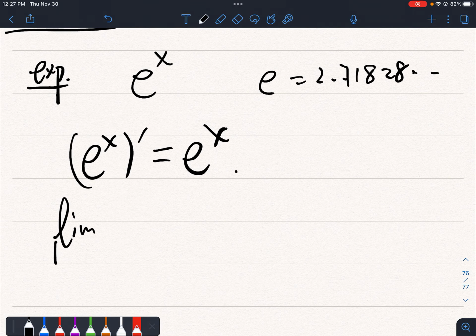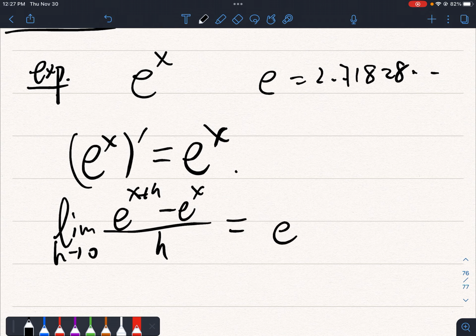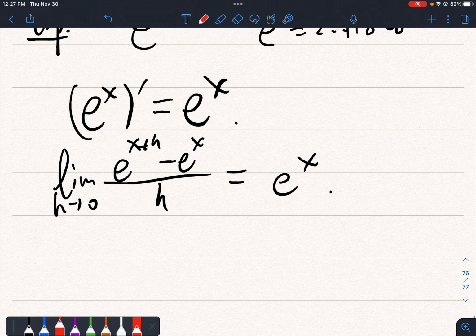One of the reasons why it is so useful is that the derivative of e to the x is itself. This basically says that the limit as h goes to 0 of e to the x plus h minus e to the x, divided by h, is going to be e to the x itself.